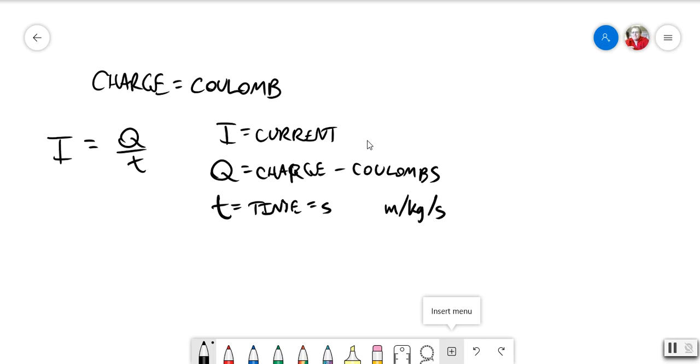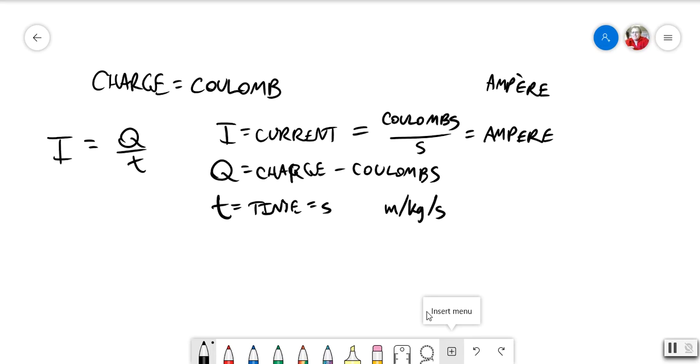So current is measured in coulombs per second, and a coulomb per second is what we call an ampere, named after a French scientist of that name. Although, if you spell his name correctly, there's a grave accent on the first E. So basically, 1 ampere, 1 amp, equals 1 coulomb per second.